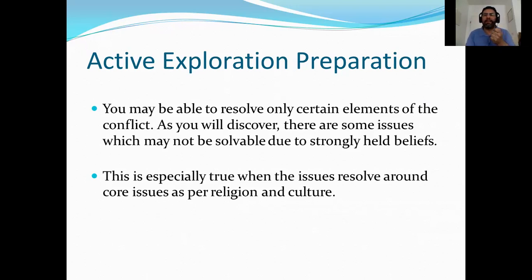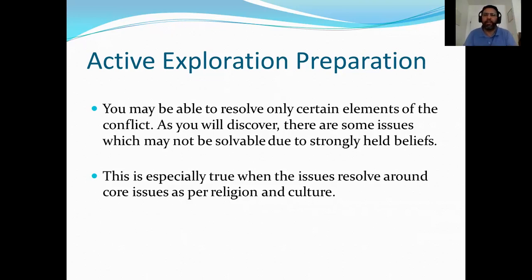The difficulty in being able to solve certain problems today is especially true when the issues revolve around core issues such as religion and culture. The stronger held the belief, the stronger held the cultural aspect and the emotional aspect of the issue, and the specific part of the issue, the harder it will be to solve.